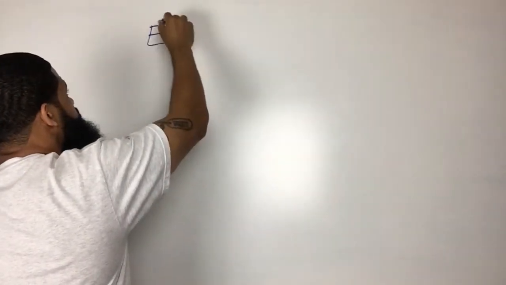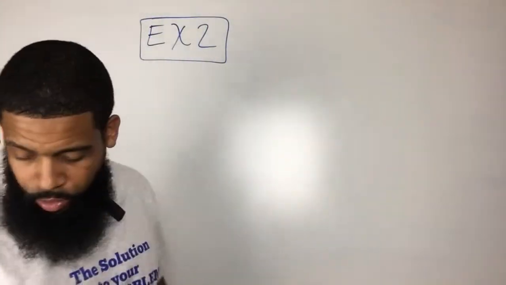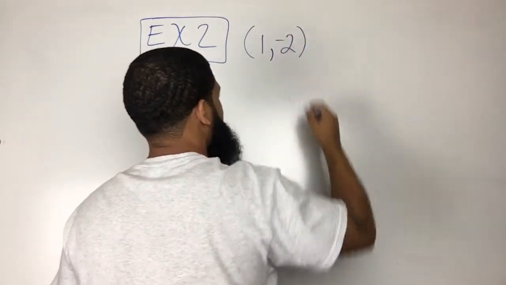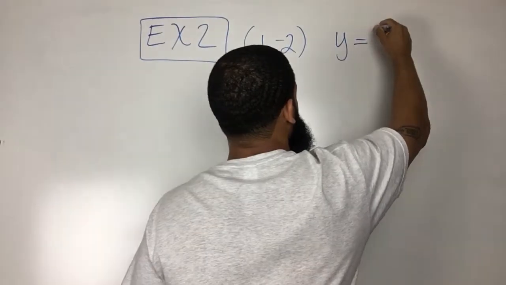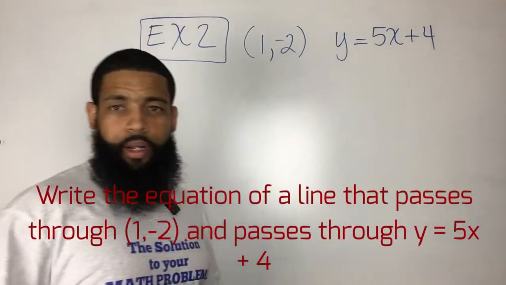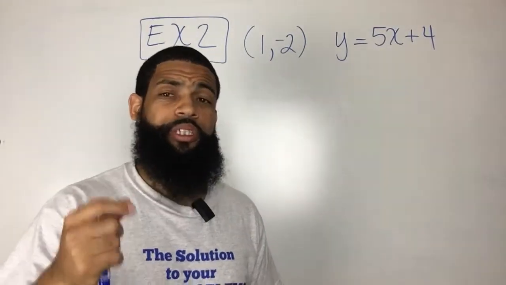So what if I had example 2 and I want to write the equation of a line that passes through the ordered pair 1, negative 2, and I want it to be perpendicular to y equals 5x plus 4. Remember, perpendicular lines have opposite reciprocal slopes.